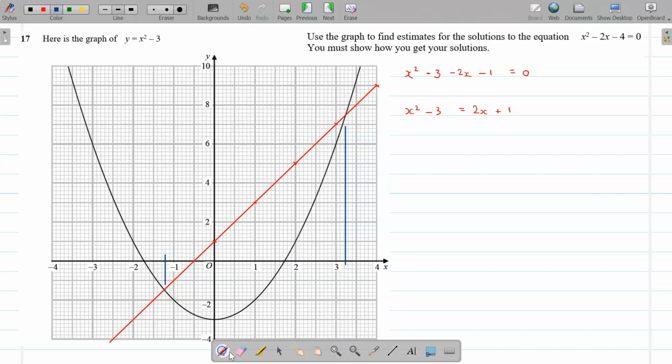So I'm going to say, because it says use the graph to find estimates for the solutions, so basically x is approximately equal to negative 1.2 and 3.2.